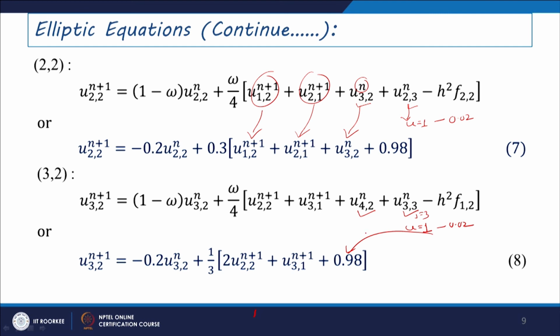So it can be written as u42 minus u22 equals 2h into u32 there. So u32 can be taken out to the left hand side and separated. If you separate it out, u22 is repeated there itself. So 2 u22 is there, plus u31 plus 0.98 here.